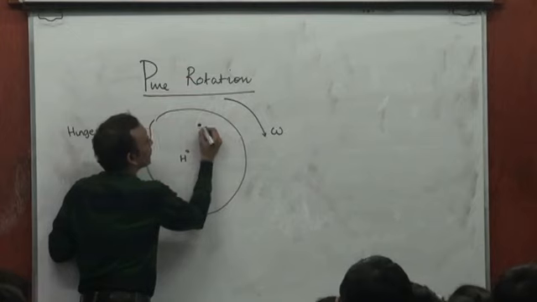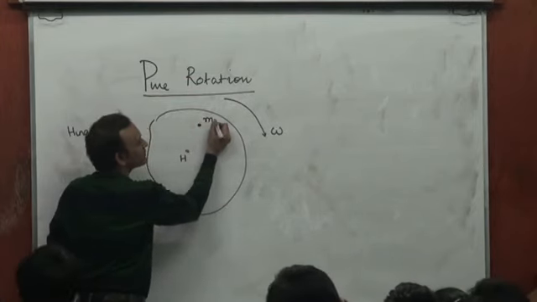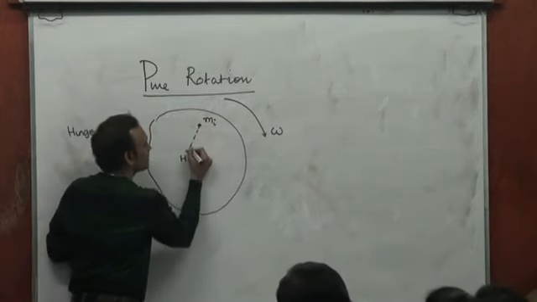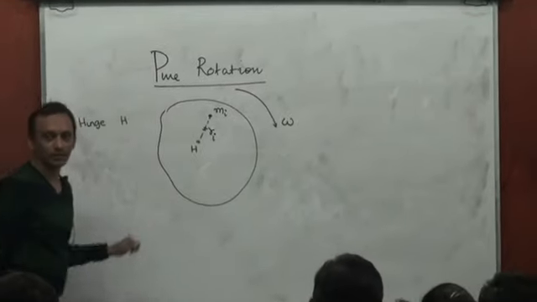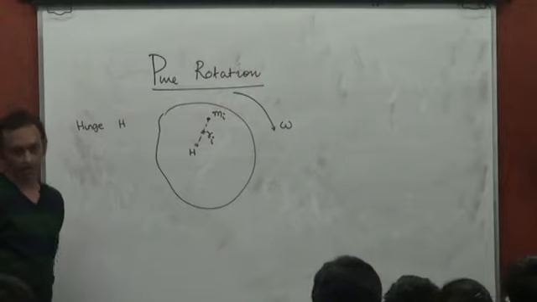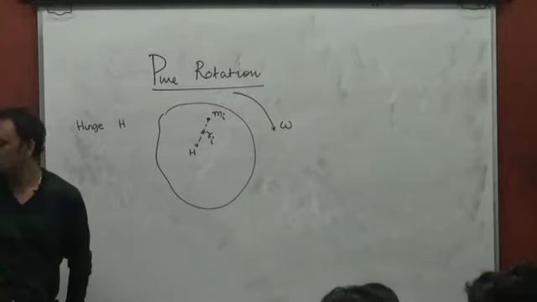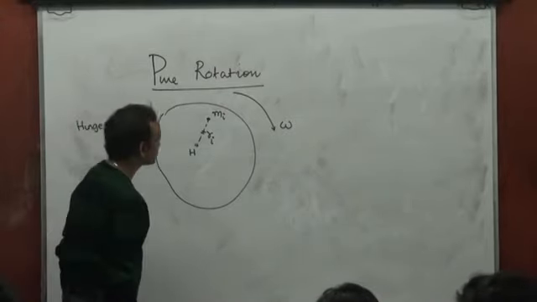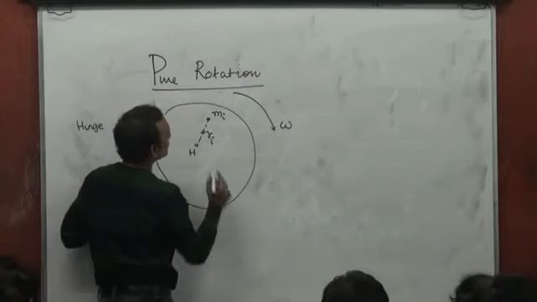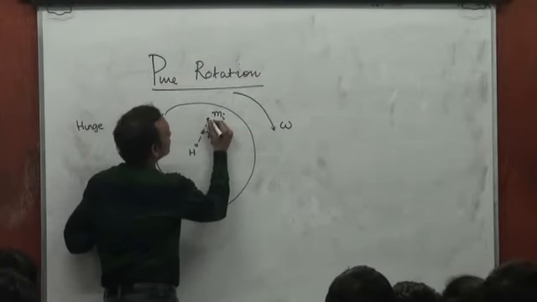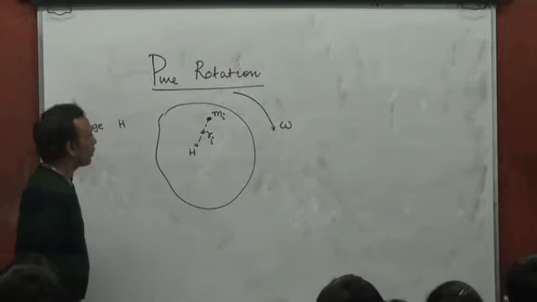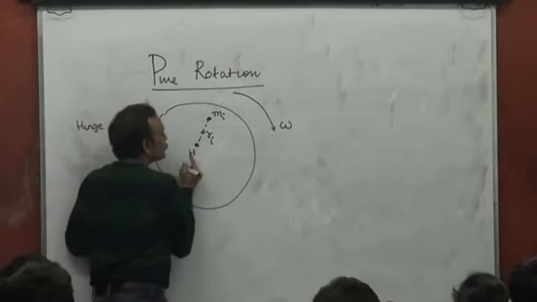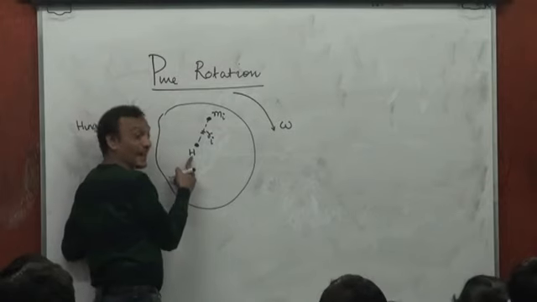I then think of a particle of mass mi at a distance ri. Clear? Now, I want to compute the angular momentum about H, about the hinge.